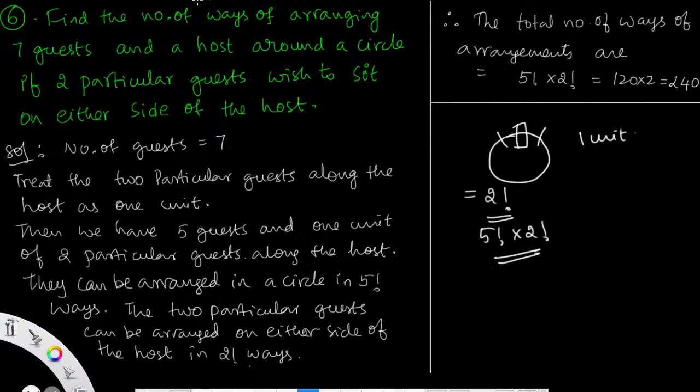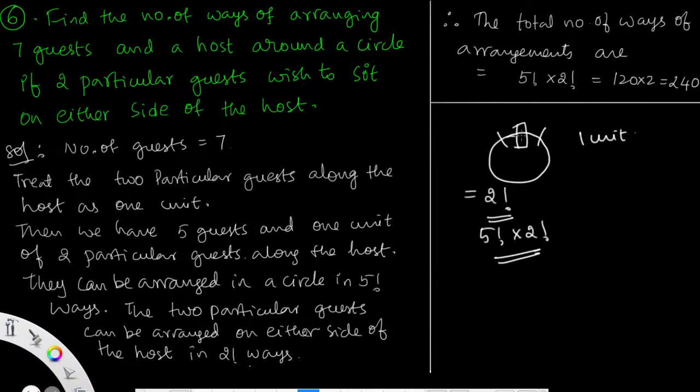So writing the question in a proper way, then you get an idea. What is the number of persons? How many are there? The condition is given. So think and write. The number of persons here is 7 members, and the condition is that two particular guests wish to sit on either side of the host. So treat the two particular persons along with the host as 1 unit.